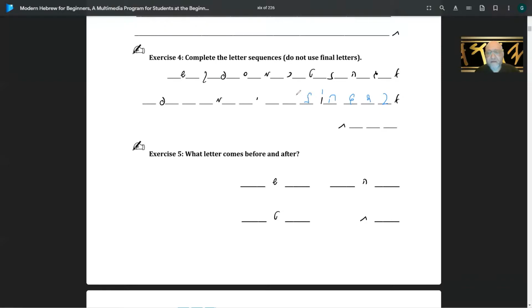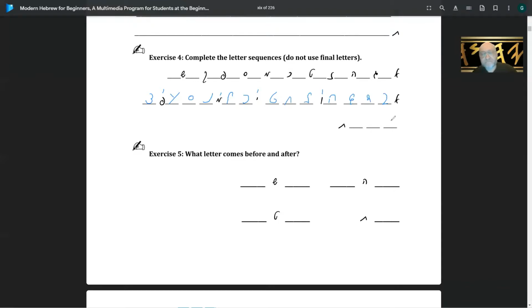Zayin, Chet, and then Tet, Yod, Chaf, Lamed, Shepherd's Crook, Lamed, Mem, looks like a J, Noon, Samek, Ayin, Fe. Remember there's Zadik, Fe, Zadik.